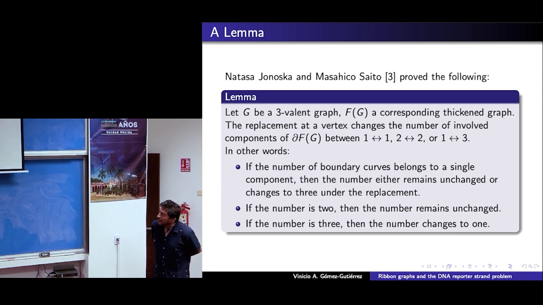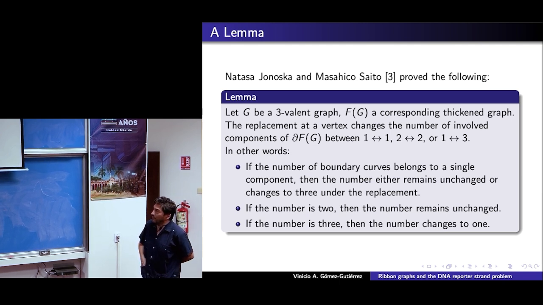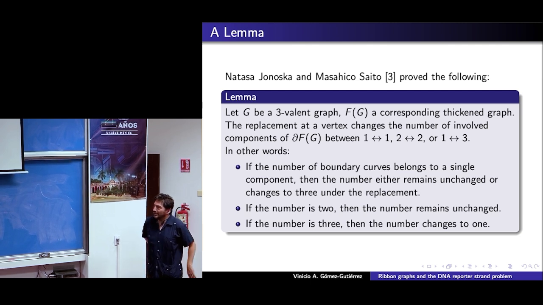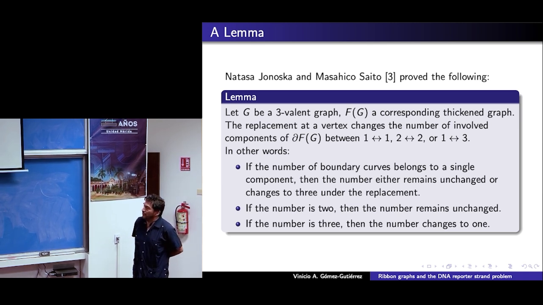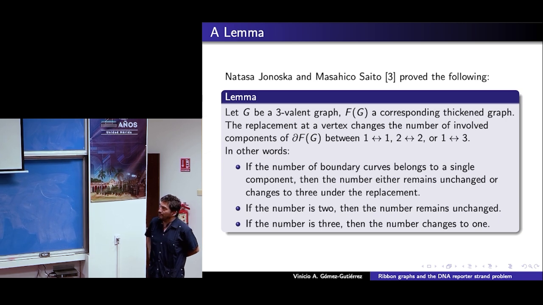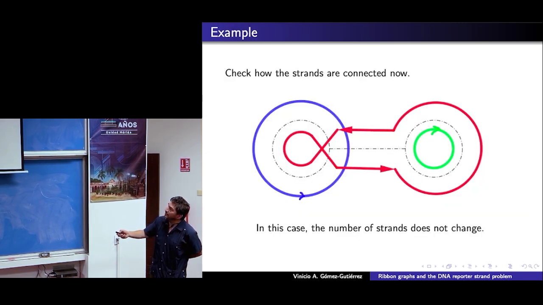In other words, if the boundary belongs to a single component, then the number either remains unchanged or changes to 3 under the replacement. If the number is 2, then the number remains unchanged, and if the number is 3, then the number changes to 1.